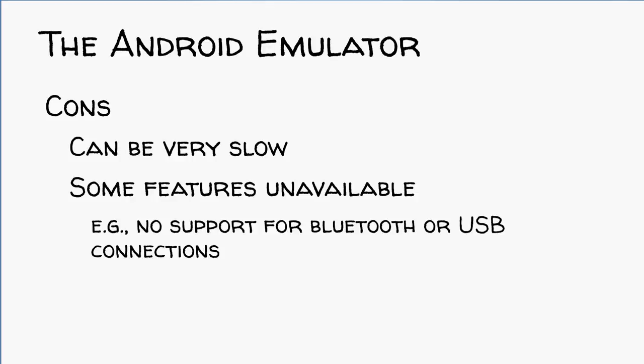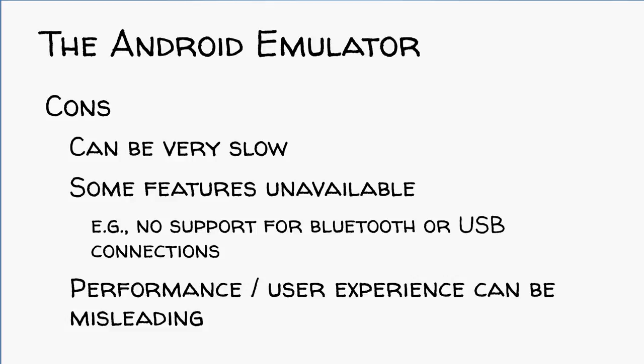Also, some software features aren't available by default in the emulator, so certain applications may not run on it. And finally, at the end of the day, the emulator is not the device. You can't really know how your app is going to look and perform on an actual device just by looking at how it performs in the emulator.